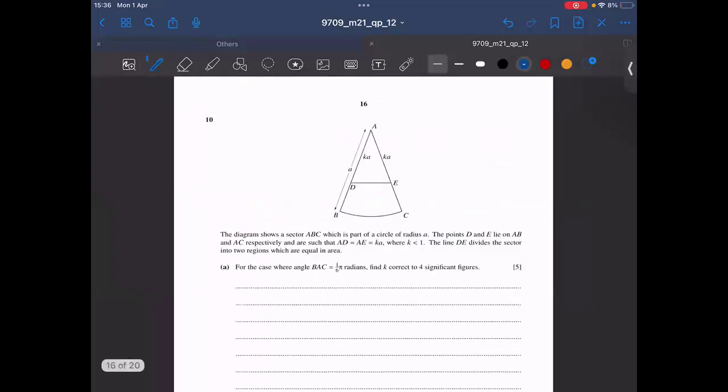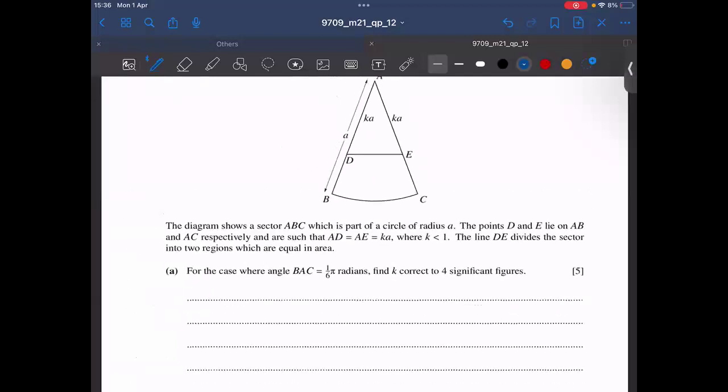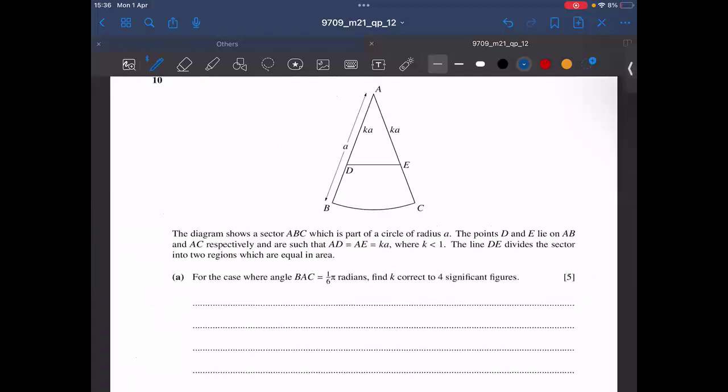That's great. Question 10. The diagram shows a sector ABC, which is part of a circle of radius A. The points D and E lie on AB and AC respectively, and are such that AD equals AE.